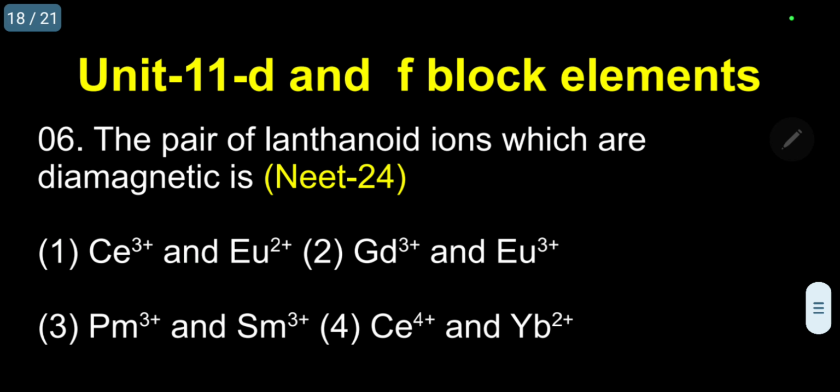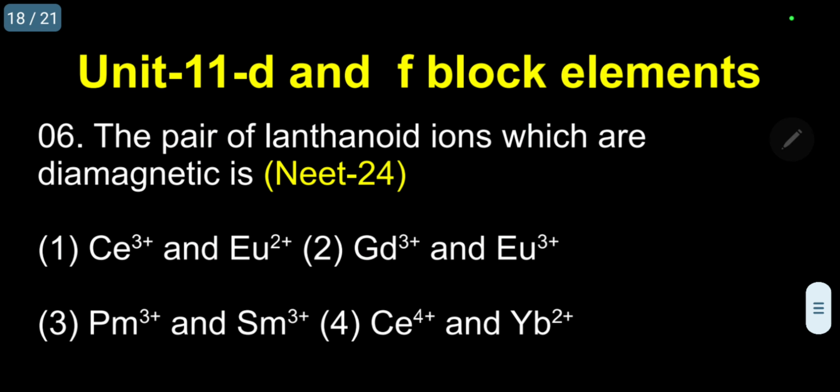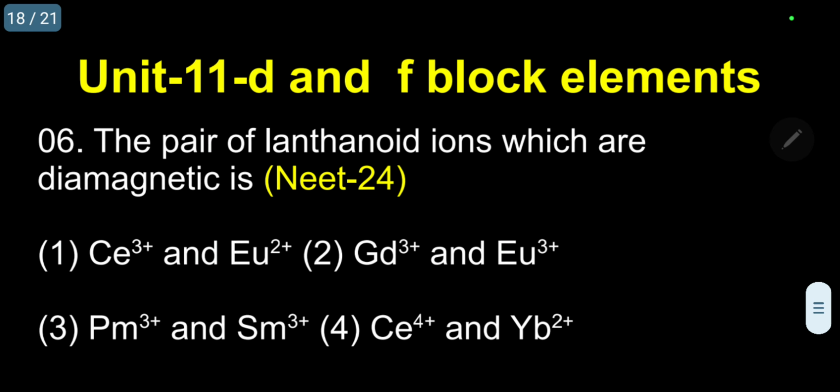When unpaired electrons are present, it is paramagnetic. When paired electrons are present, it is diamagnetic. Highly paramagnetic is ferromagnetic.